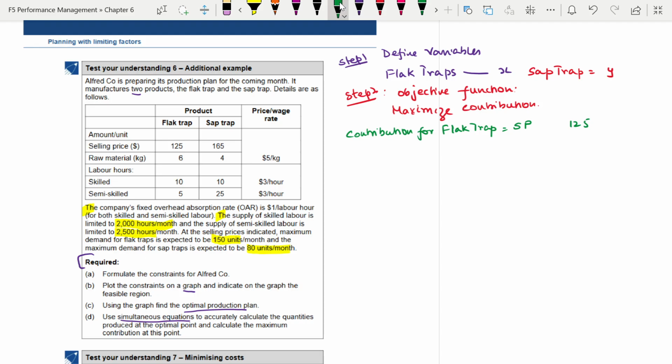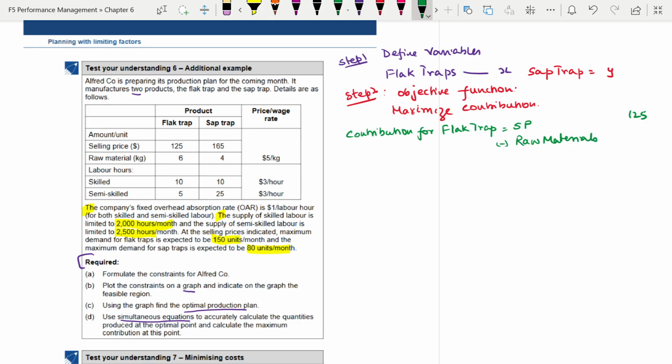Now what are the raw materials? Minus raw materials, which is variable. Little bit distance I will put 125. There are two types of raw materials.